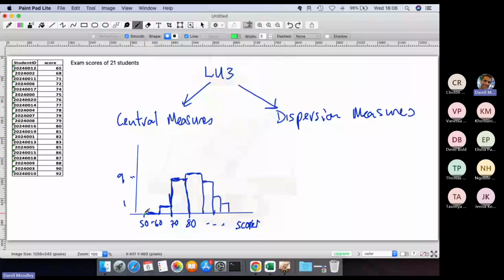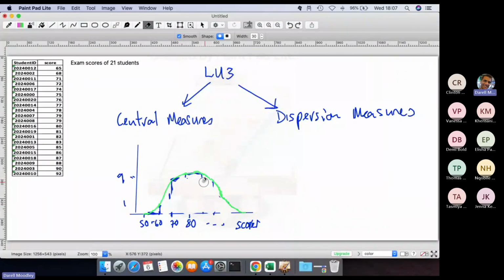I just try and join all the corners of the bars like that, and then it tapers off like that. Now, if you just ignore the bars and focus on the green line, then this is what I mean by distribution. It shows you how your data has been distributed.